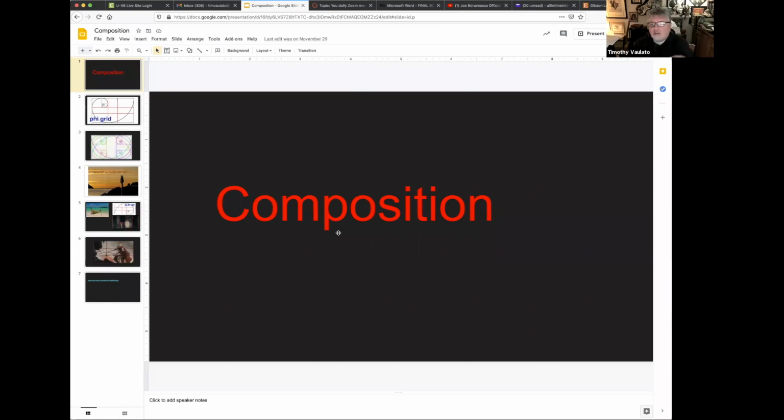What is composition? Composition is the way that your subject matter fits within the shape of the space that you have available to show it. Most times it's a rectangle, maybe side to side, it may be vertical, depending how you decide to turn it.